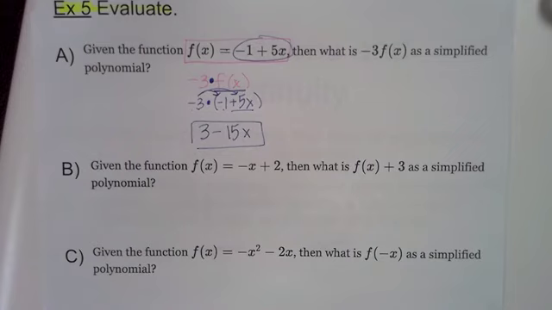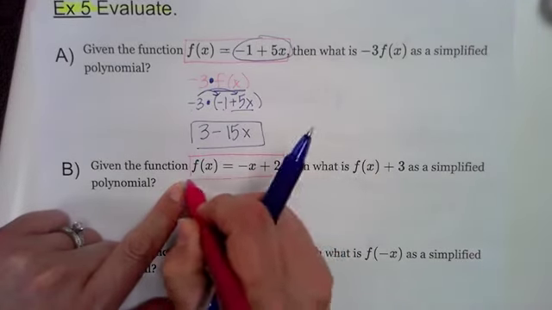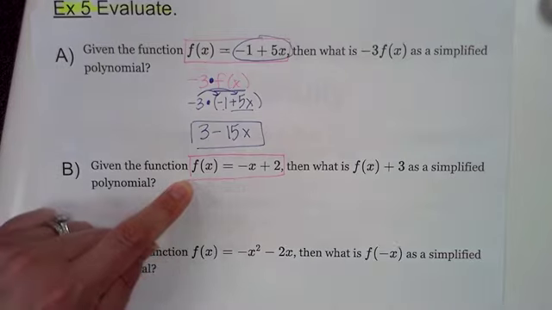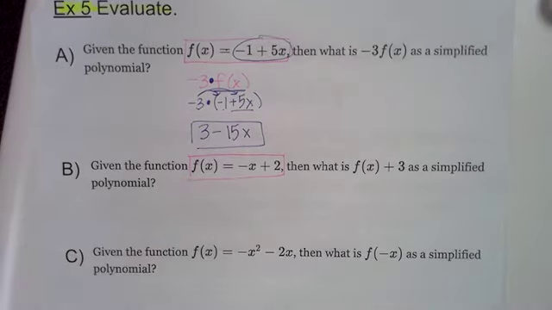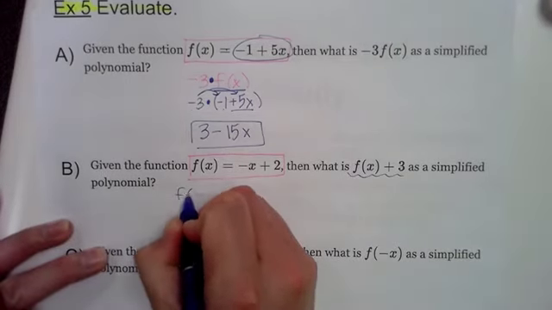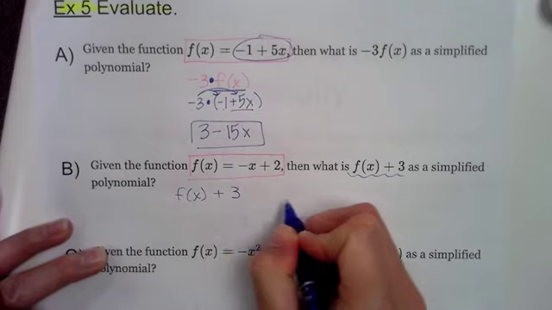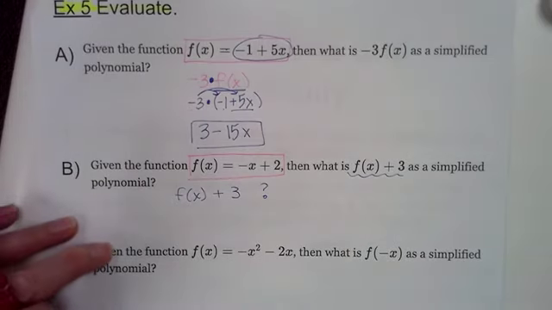All right, given the function, letter B, f of x equals negative x plus 2. Write that down. That's important. We want to be able to figure out what is f of x plus 3. That's the question. What is f of x plus 3?